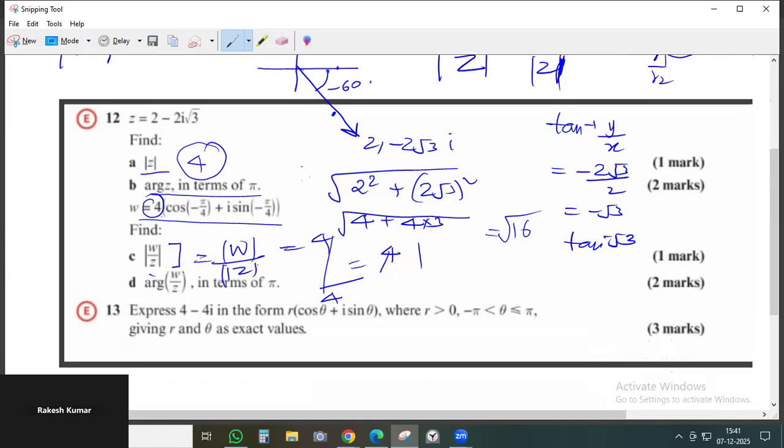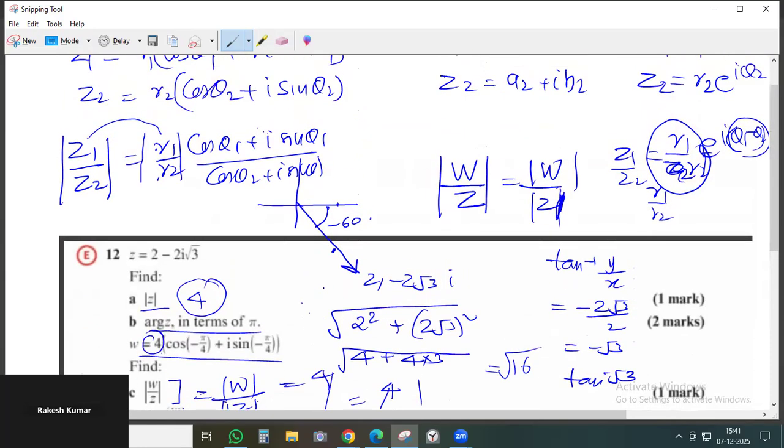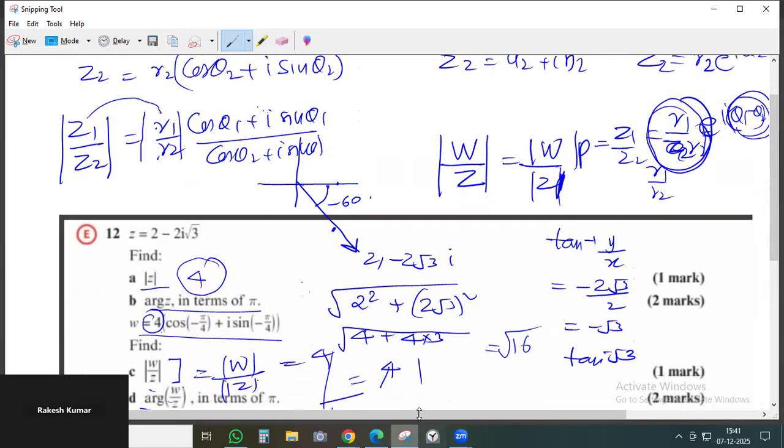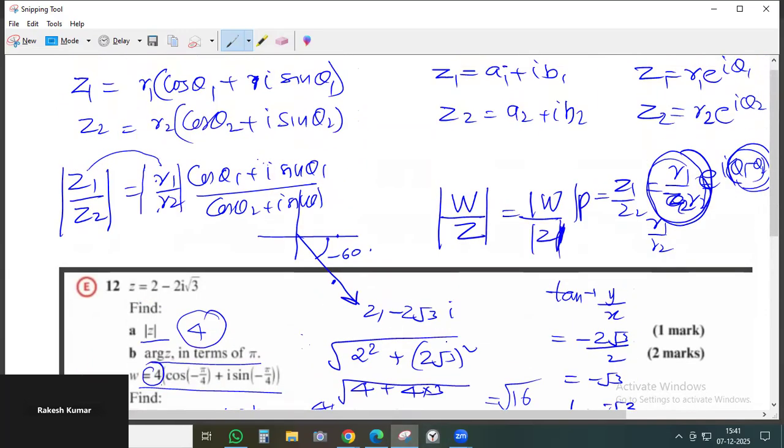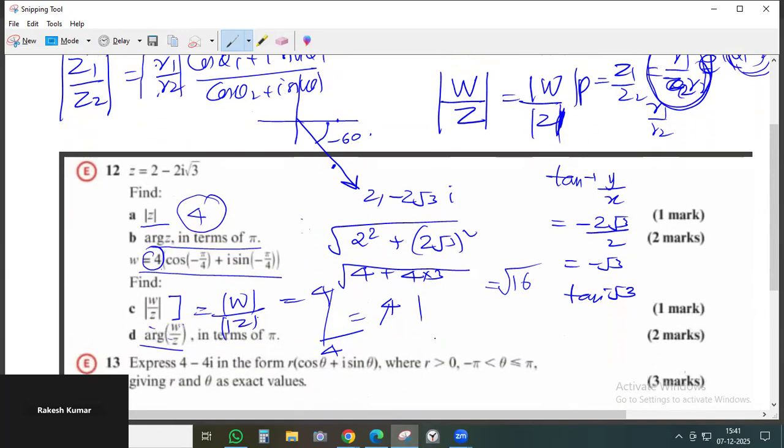Then he says, what's the argument of the vector? Now, if I'm dividing here, I'm showing you the final vector which comes. Let's say let it be p. That has got the modulus as r1 by r2 and the argument as theta 1 minus theta 2. So we'll have to find argument of w minus argument of z. Because if I'm dividing, what's the argument of w?